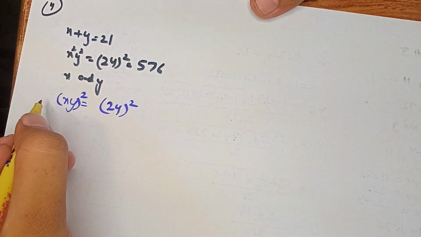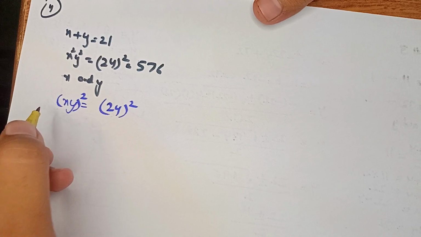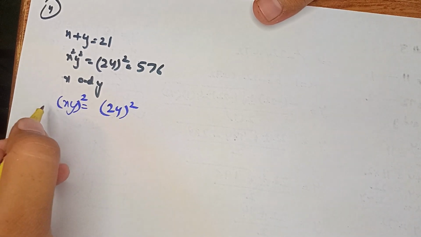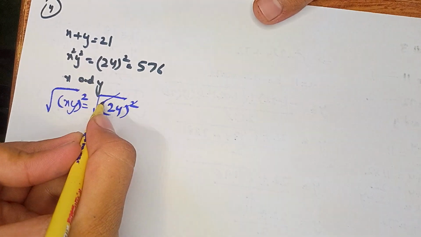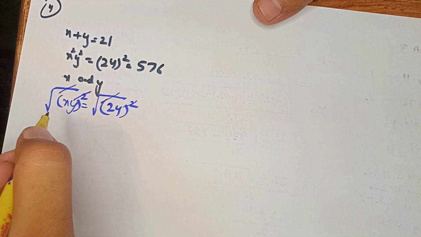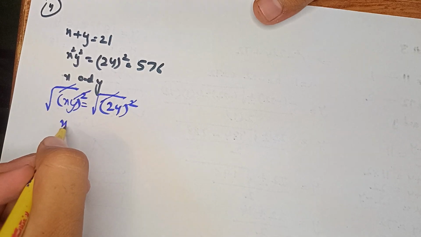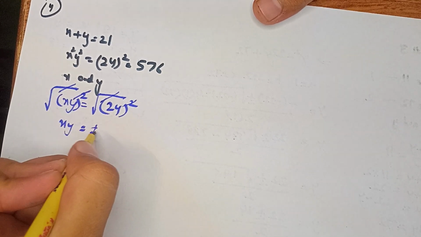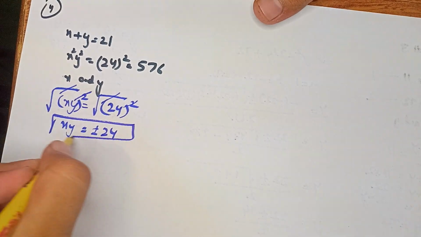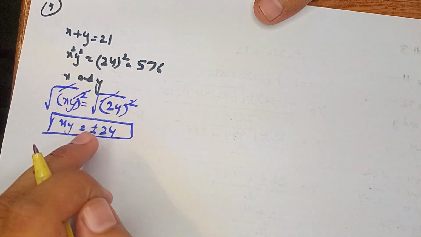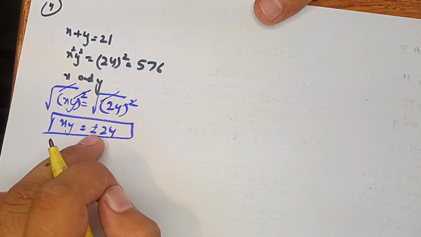So both squares are cut off. How? We take the square root on both sides, and then our answer should be plus minus 24. This is our second equation, but this equation contains x and y.